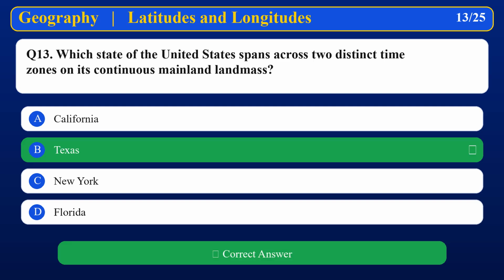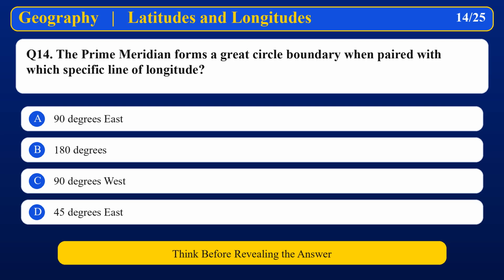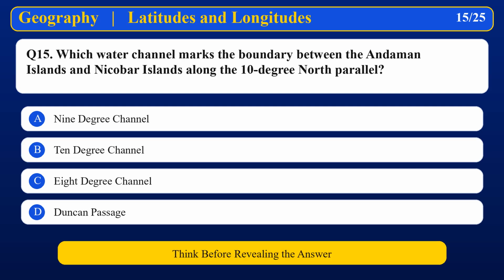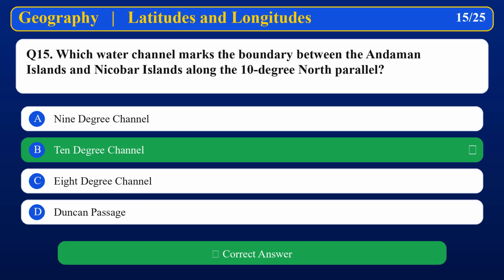Texas. The prime meridian forms a great circle boundary when paired with which specific line of longitude? 180 degrees. Which water channel marks the boundary between the Andaman Islands and Nicobar Islands along the 10-degree north parallel? 10-degree channel.